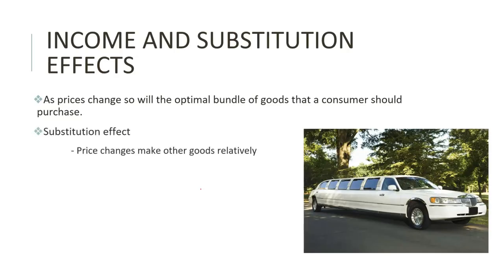And so the substitution effect says that price changes make other goods relatively cheaper or more expensive. Especially when we're looking at that utility per dollar, because maybe 1 coffee makes you happier than 1 pastry, like was the case in the example before.